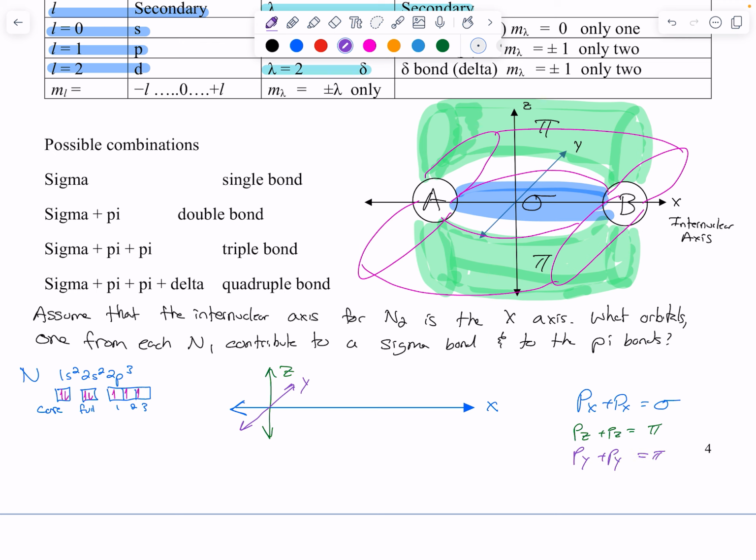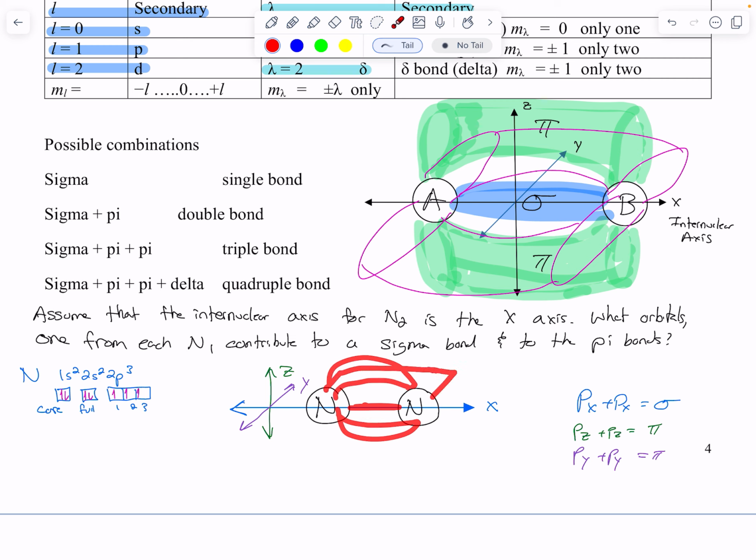All right? And so we have the sigma on the axis, because you'd have two atoms of nitrogen. You have N1 and N2. The sigma would be right here. You'd have one pi above and below. And then you have the other one on the sides. So that's how it kind of would work.